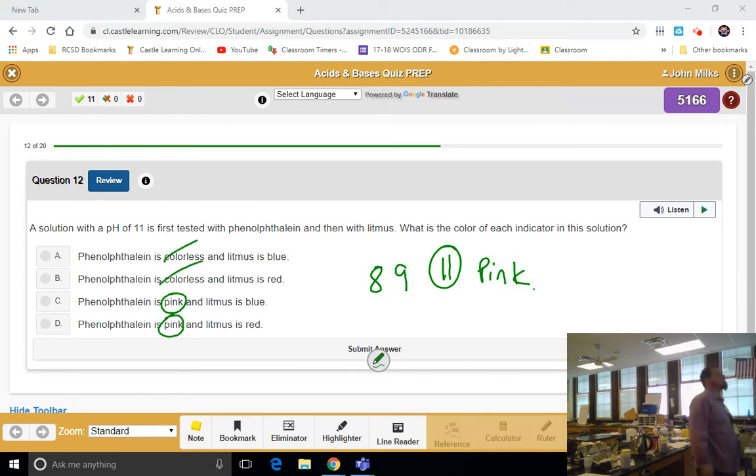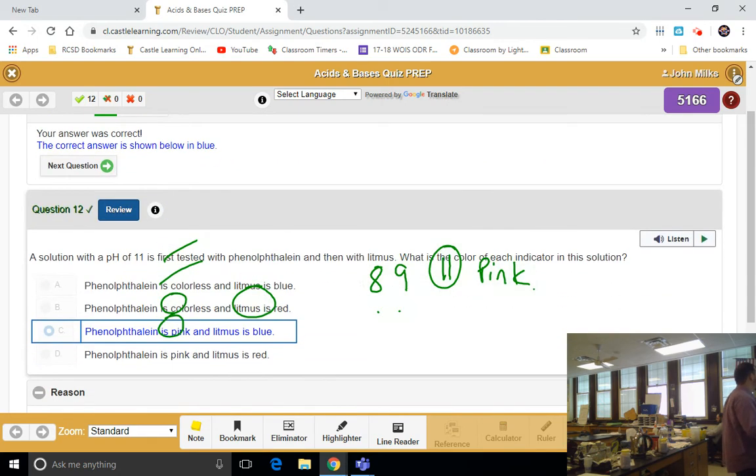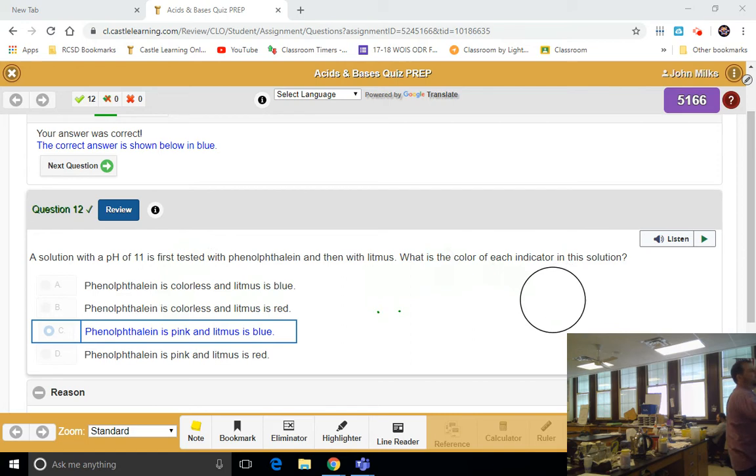And then litmus turns blue in base. I don't remember what the numbers are, and I don't have my handy dandy reference table like you do, because I forgot it. But I know bases turn litmus blue. Base is blue. That was in some of our original learning with indicators, so we're good there. It's actually properties of acids and bases is when we went over that. So that one matches.